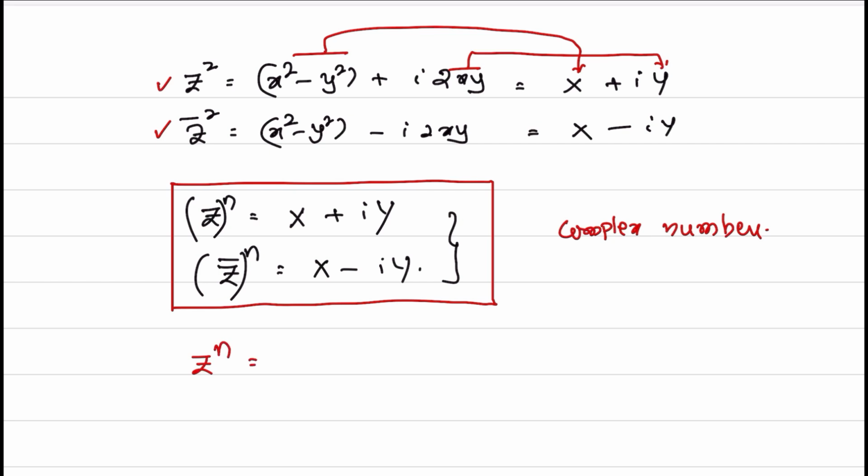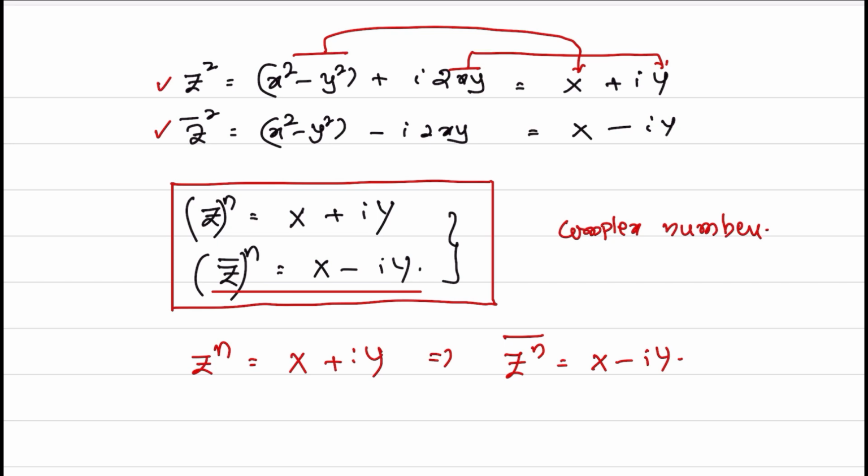It is equal to x plus iy. This implies z to the power of n conjugate is equal to x minus iy. But x minus iy we have already proved. It is nothing but conjugate of z to the power of n.